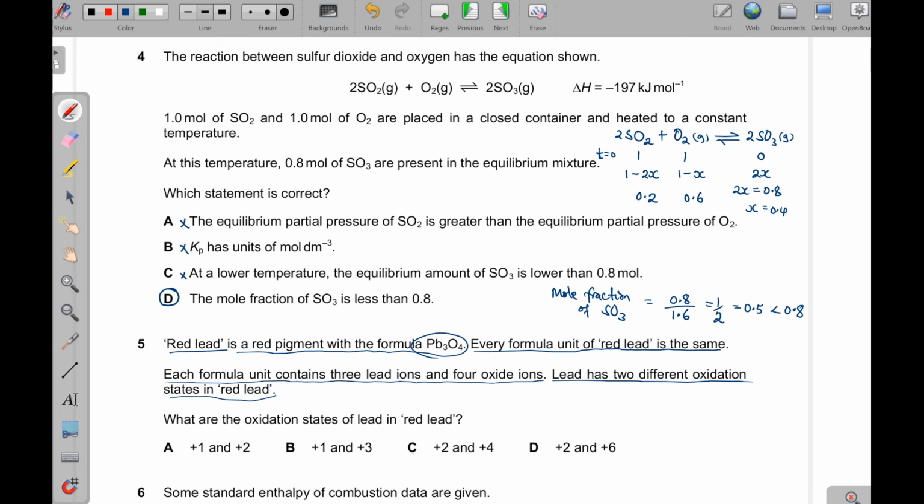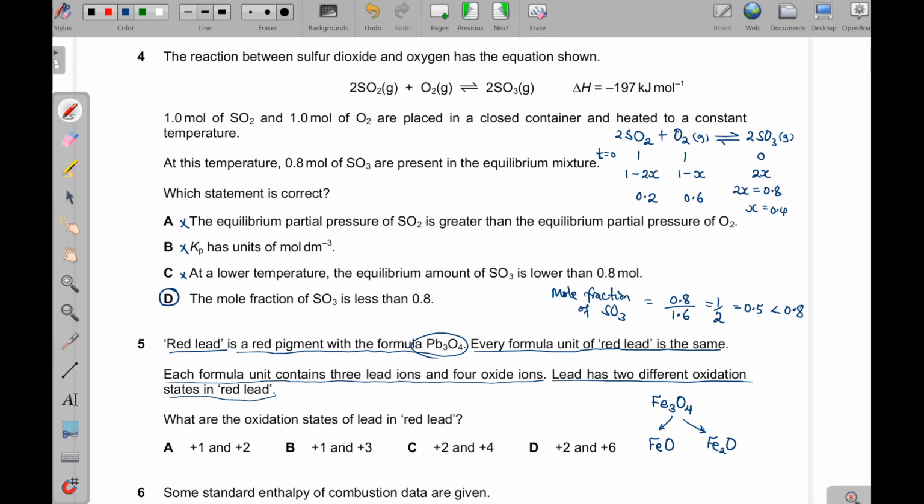But then, just like this one here, for rust, we have iron 3 tetraoxide, triiron tetraoxide. We said triiron tetraoxide, this one here. This one is coming from iron 2 and then iron 3.